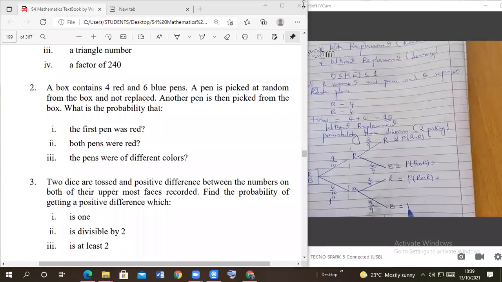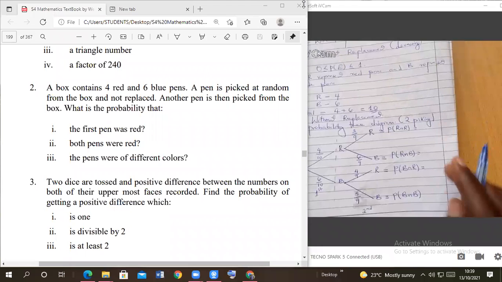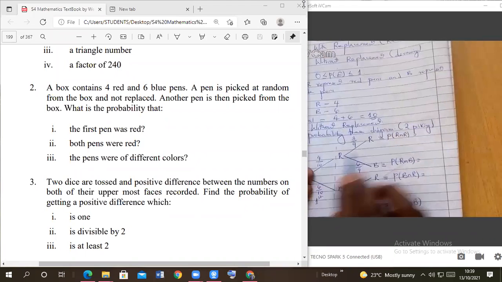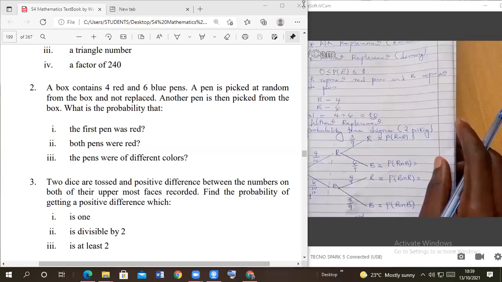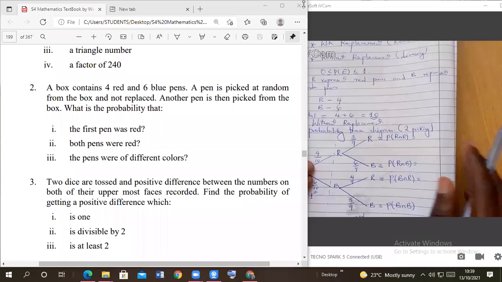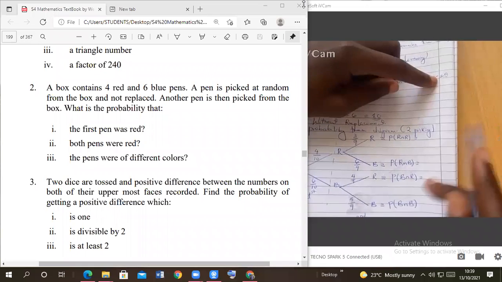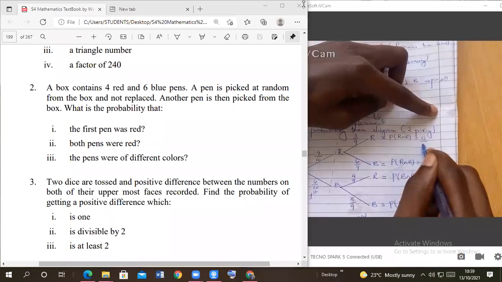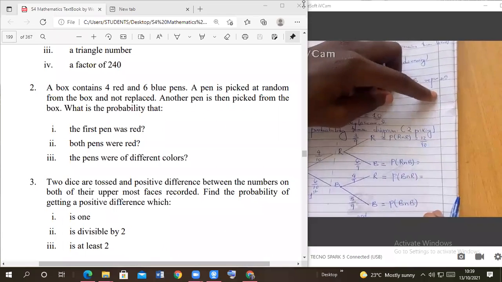This one is blue and blue. So you multiply the probability along the branch. We shall have 4 out of 10 times 3 out of 9. What do you get? We shall get 12 out of 90.